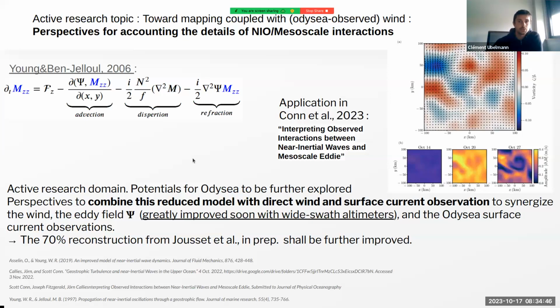I just want to point out that this is now a bonus, but it gives a lot of perspectives, because we could further understand and reproduce the mechanics of interaction between NIOs and the mesoscales, especially when we think that we should have high resolution, hopefully altimetry as well. And by using all these different data, that's a lot of perspectives.